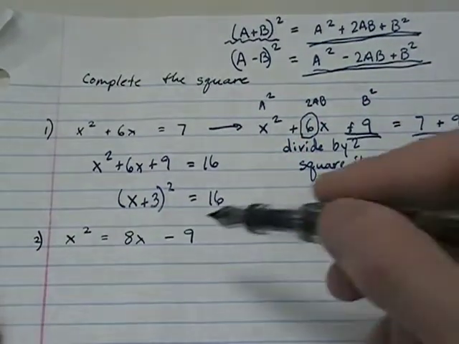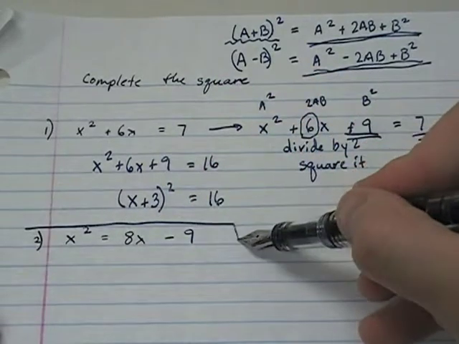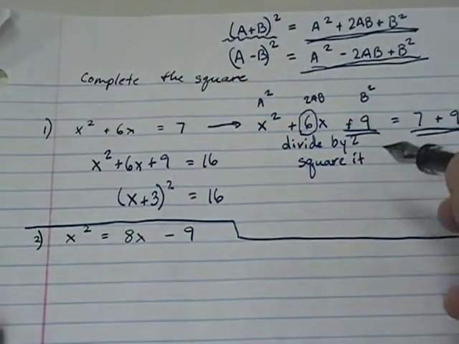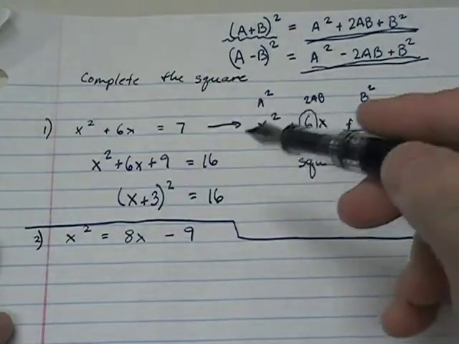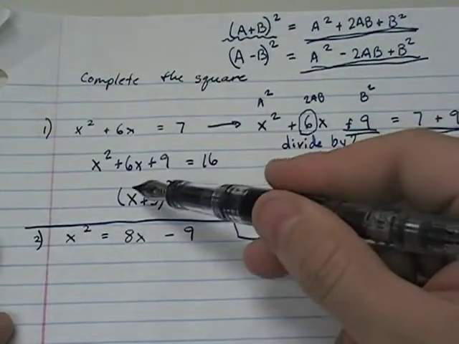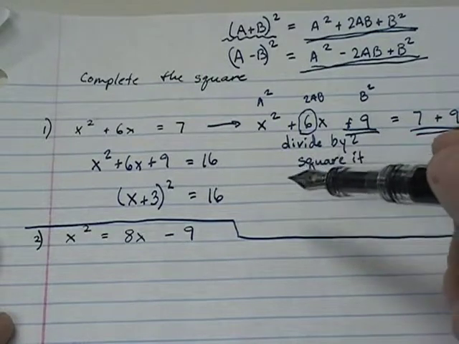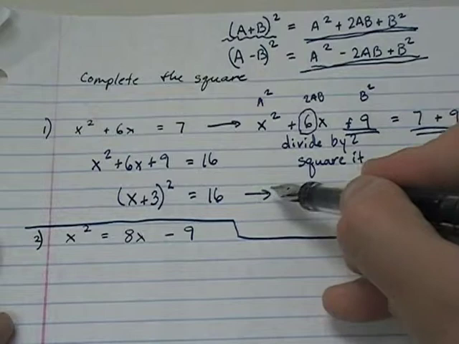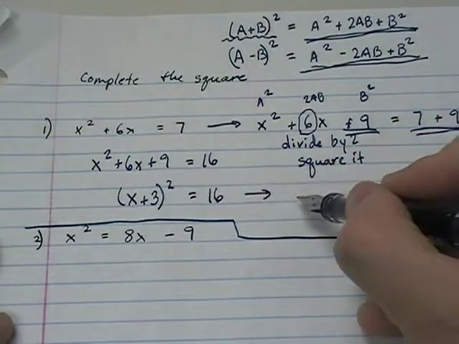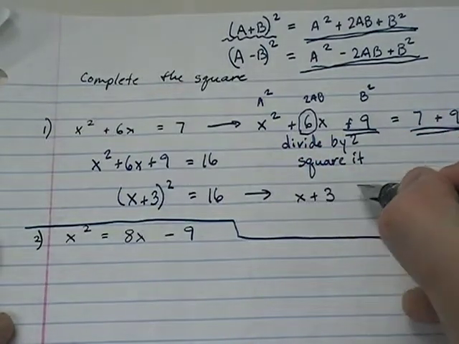And why are we doing that? Well, the answer is very simple: I want to solve for x. If I can get x into this format, x plus 3 squared, I can take the square root of both sides. Now, the square root of the left is just going to be x plus 3.